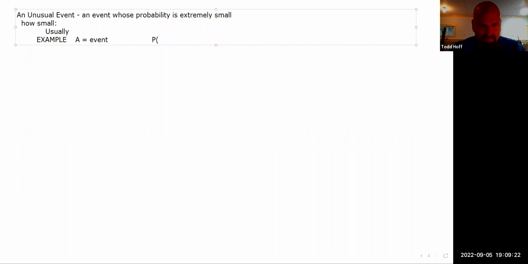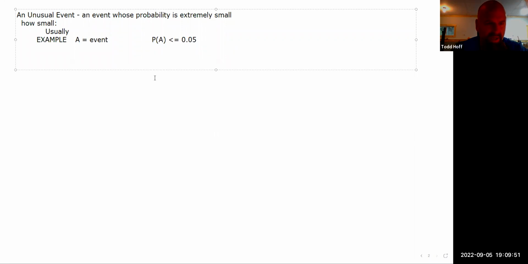Then an unusual event would be the probability of A being less than or equal to 0.05, less than 5%. Now, depending on the situation, sometimes we'll go less than or equal to 10% if it's not such a critical situation. Or if it's a really critical situation, we might go less than or equal to 1%. But typically, it's that 5% or 0.05 that separates our unusual events from the standard events.